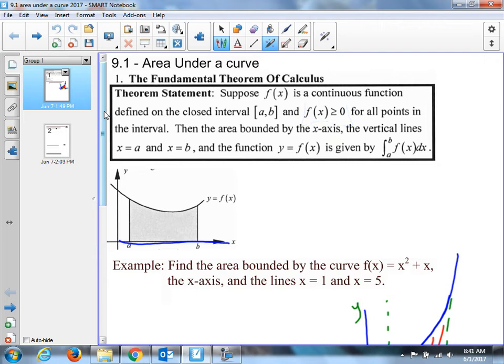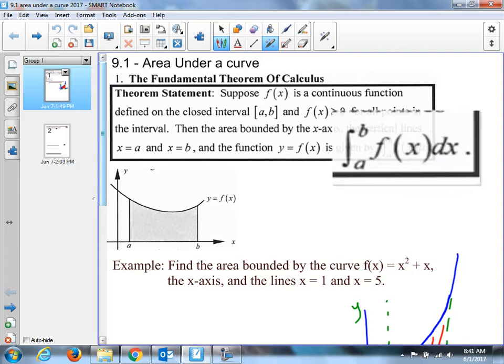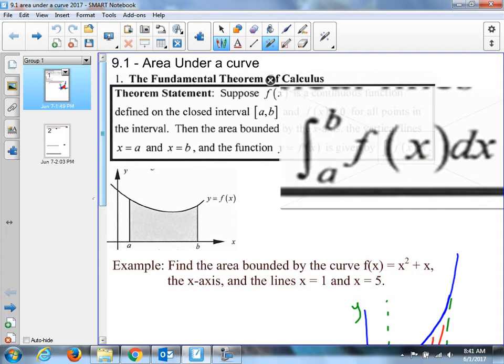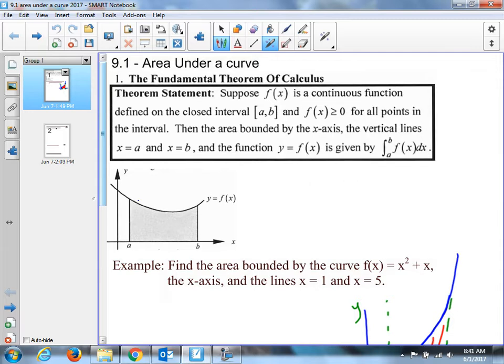Then the area bound by the x-axis and the vertical lines, like 2 and 7, a and b, and the function equals f of x, so x squared plus 5 minus 2x, or whatever, is given by the integral, the definite integral, okay? So you are finding areas trapped. So this area.